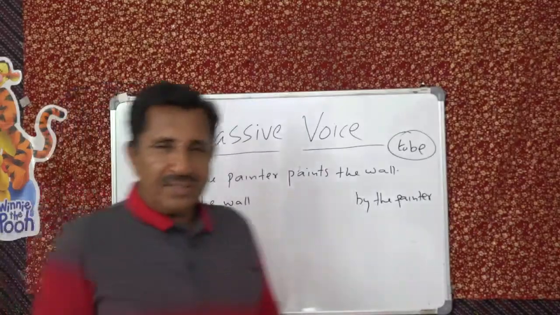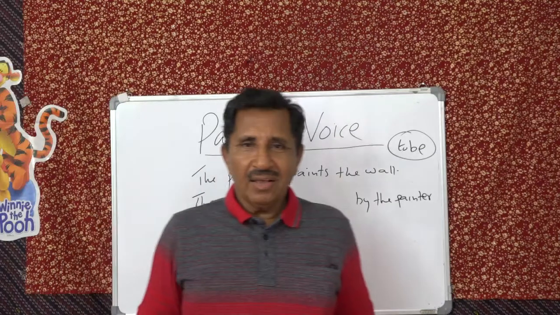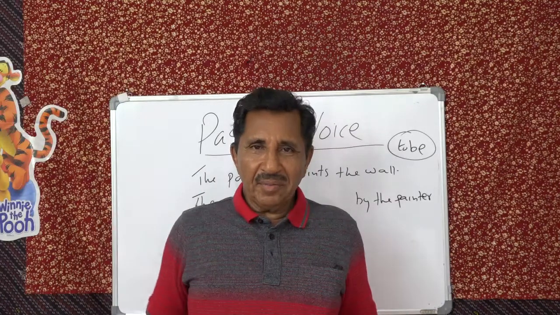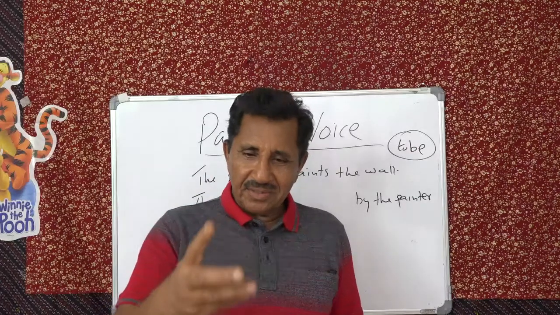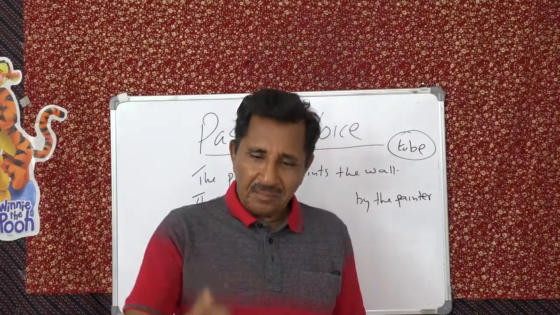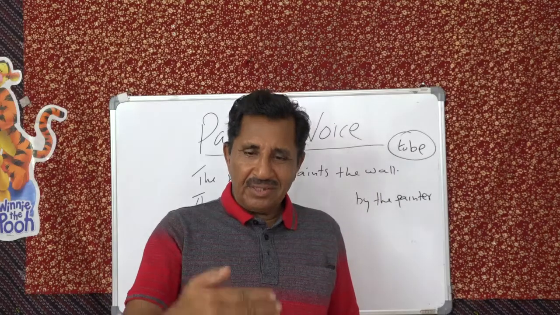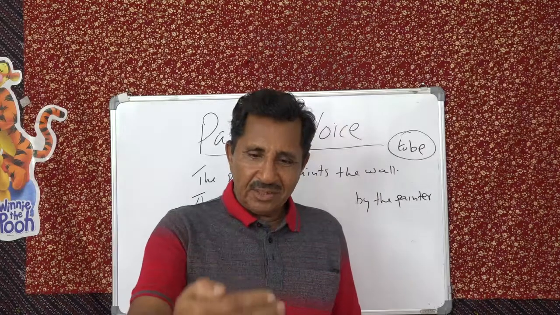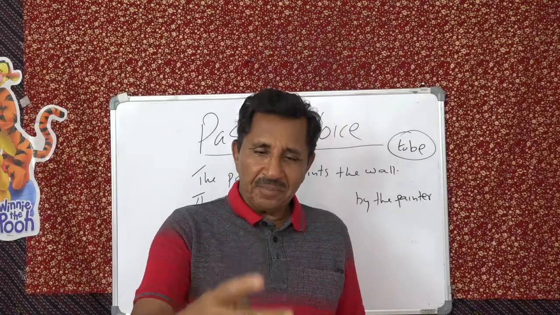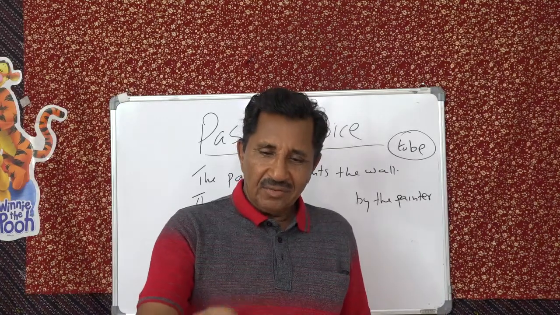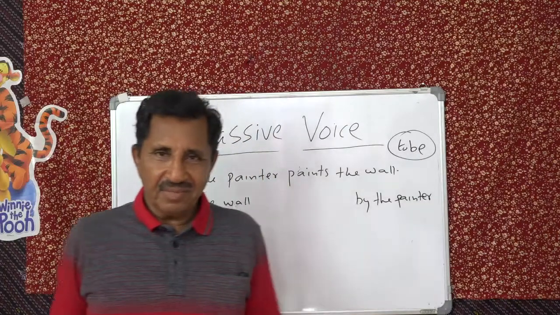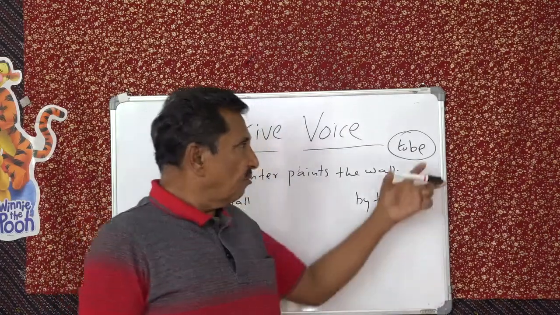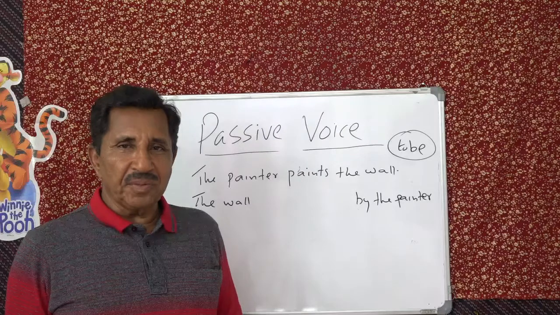In any passive, what do I mean by any passive? That is passive in simple present, present continuous, present perfect, simple past, past continuous, past perfect, then future, future continuous, future perfect, anything. You require one form of the verb to be.